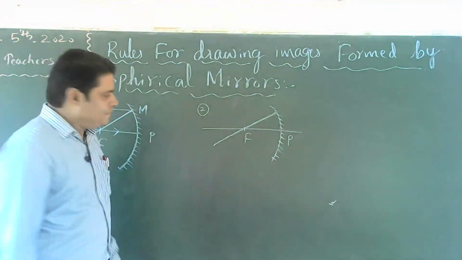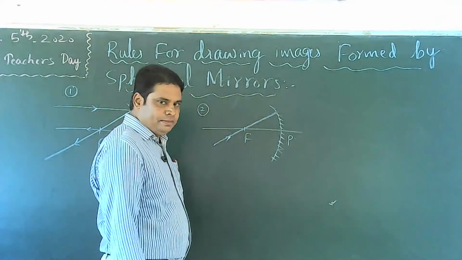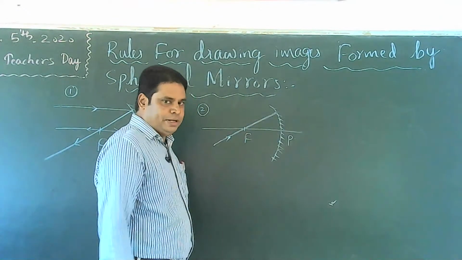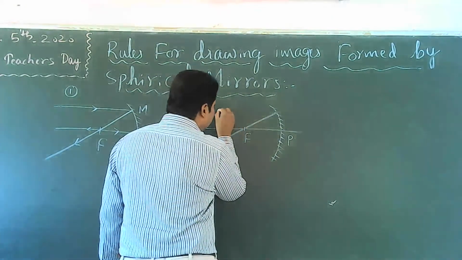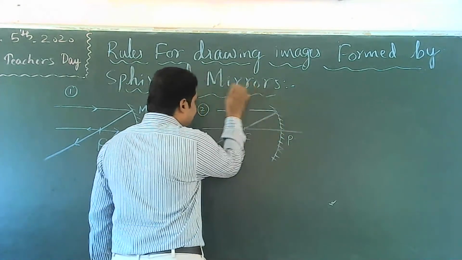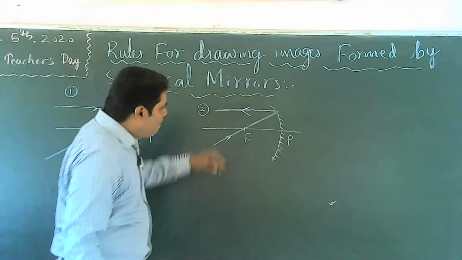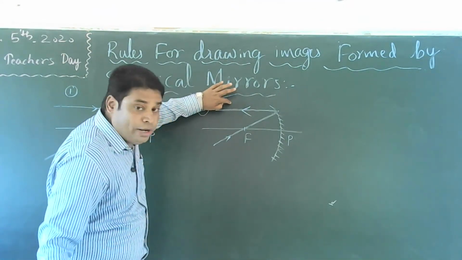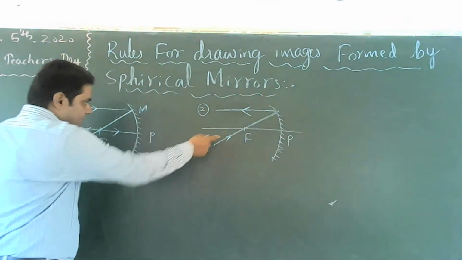Suppose some ray passes through this focus, the principal focus. Then the reflected ray will proceed parallel to the principal axis. The reflected ray will move parallel to the principal axis. This is the reverse condition.